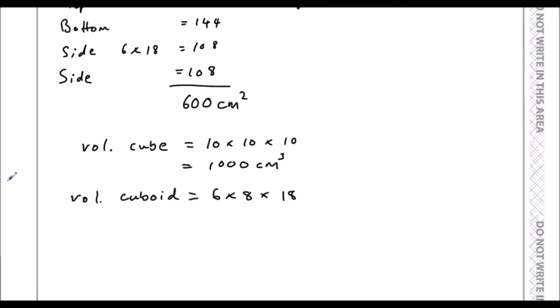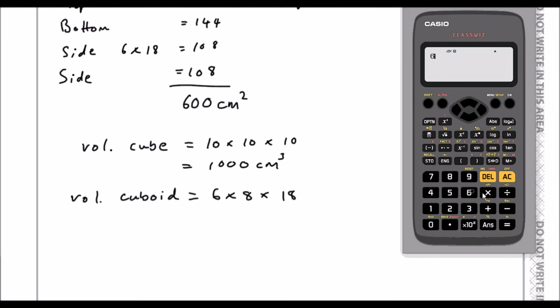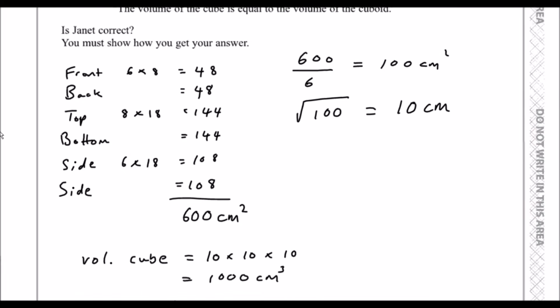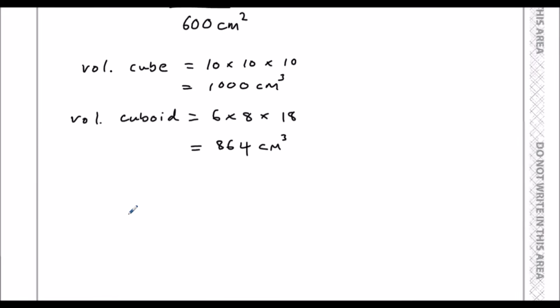So we'll just type that into the calculator. 6 times 8 times 18, and it's 864. So it's not the same. So the question said, is Janet correct? No, because the volumes are not equal.